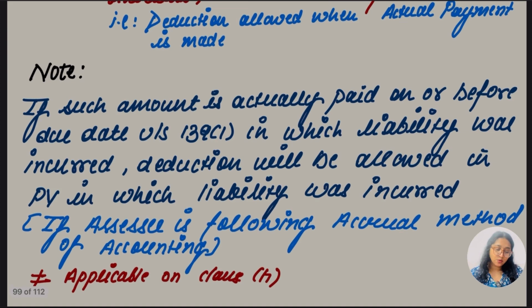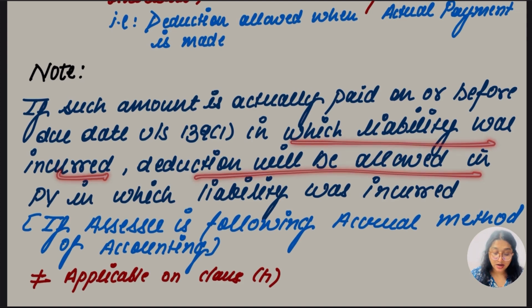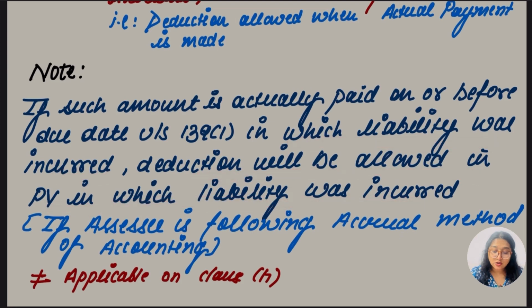Now let's go for the note. If such amount is actually paid on or before the due date under section 139 subsection 1, the deduction will be allowed in the previous year in which the liability was incurred. Let's forget about the due date for these points.